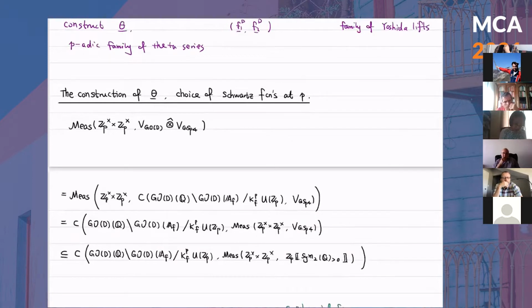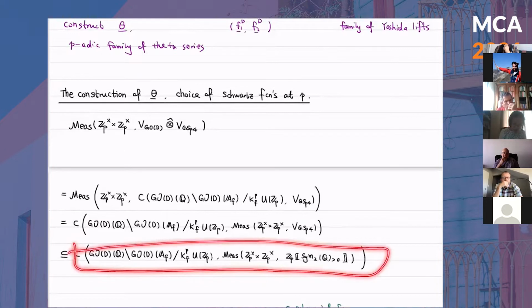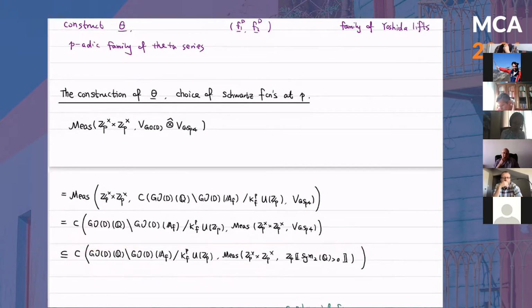Here we replace the space of p-adic forms by q-expansions, and we also know that the measures over Zp cross Zp give something inside the Iwasawa algebra of Zp cross times Zp cross.